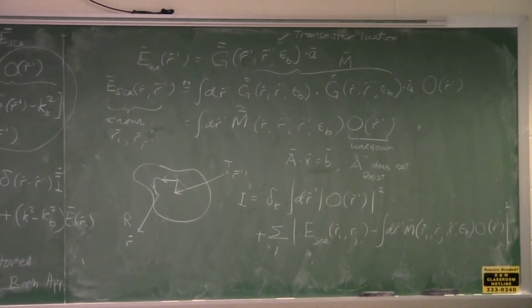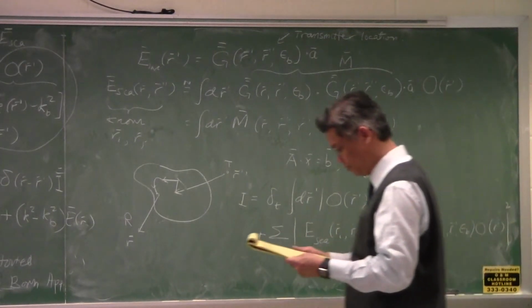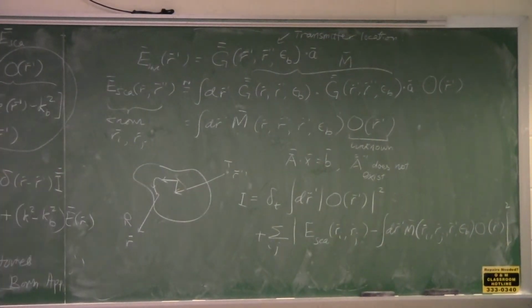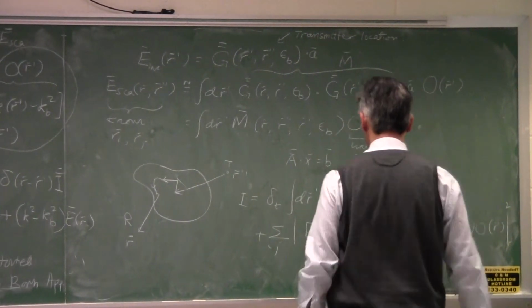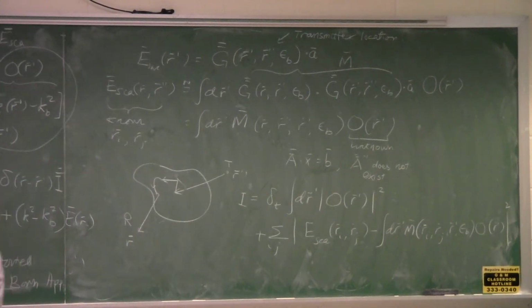Okay, so I define this function now. Because the solution is non-unique, I have to use this function now to find the optimal solution. Okay. Then the next thing is actually to minimize this function now so that the solution could be found uniquely.